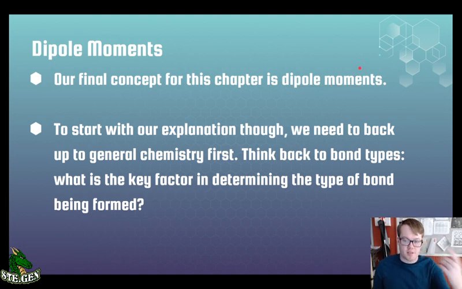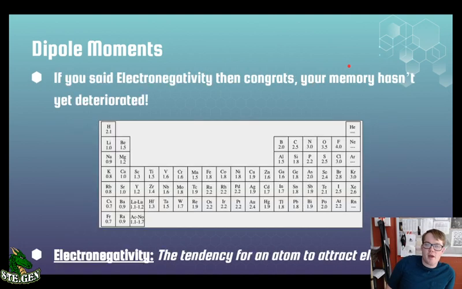To start with our explanation, though, we're going to back up to general chemistry, the chemistry class you had with me, or you may not have had with me. I want you to think about bond types, and if you can remember, what is the key factor in determining the type of bond being formed? Take a moment and think about it. If you paid enough attention, you would say electronegativity.